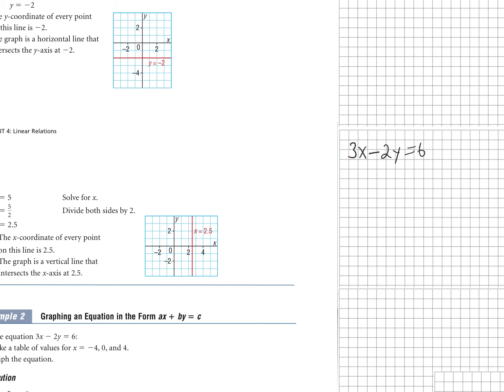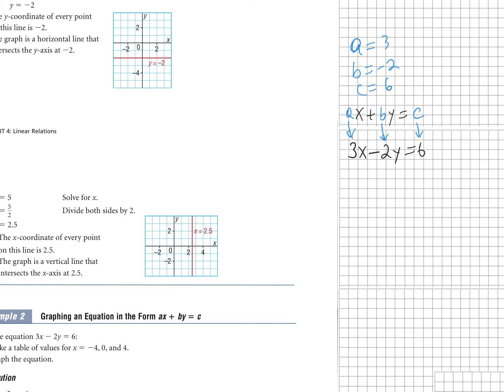And notice this still does follow the form of ax plus by equals c. The only difference is that in this case, a is equal to 3, b is equal to -2, and c is equal to 6.